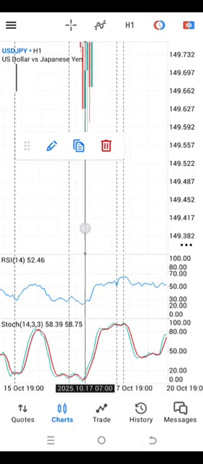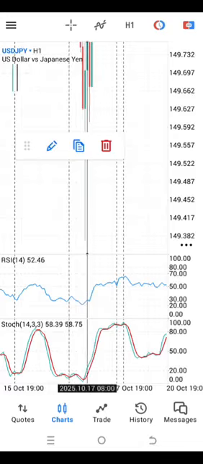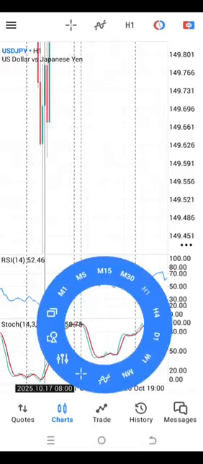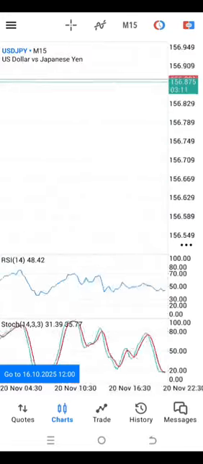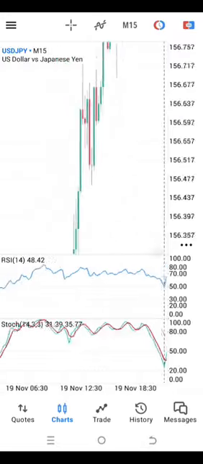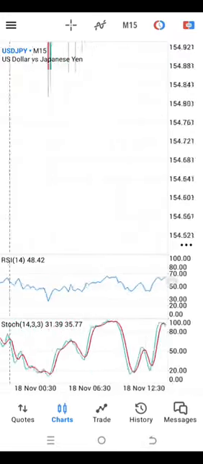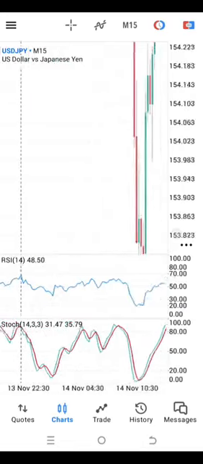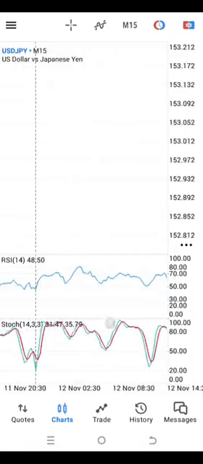Please have your eyes fixed on the stochastic oscillator. We want to see the stochastic oscillator moving from level 0 to level 20. And then I'll move straight to the very next time frame, which is the 15 minutes time frame.